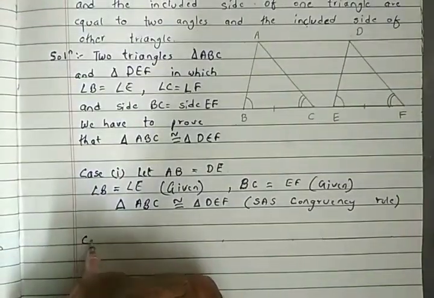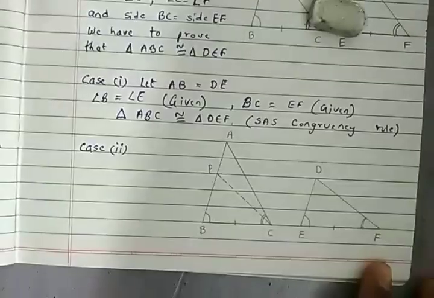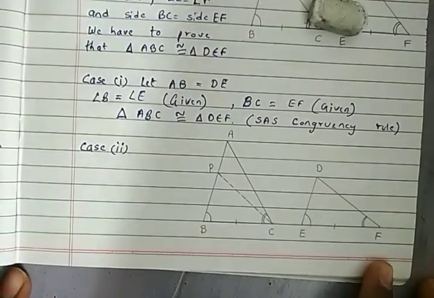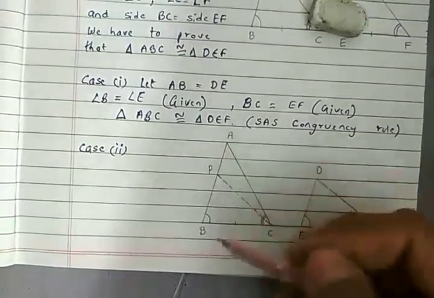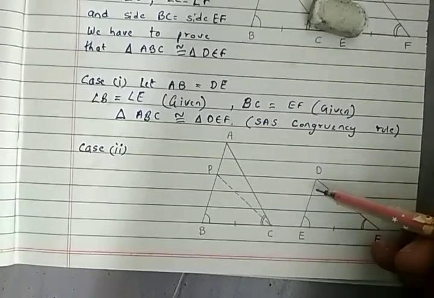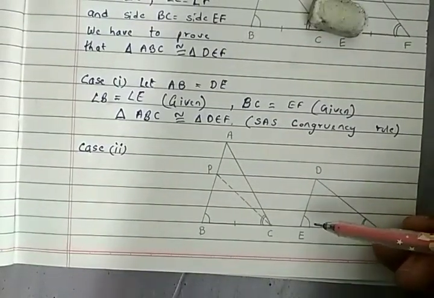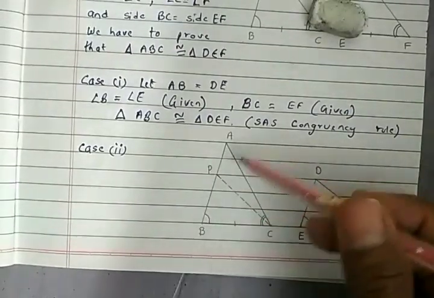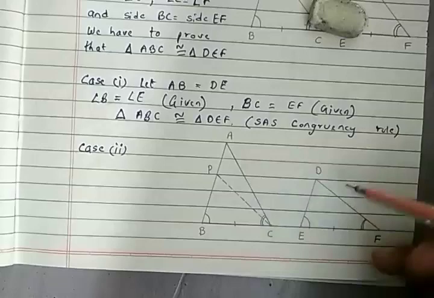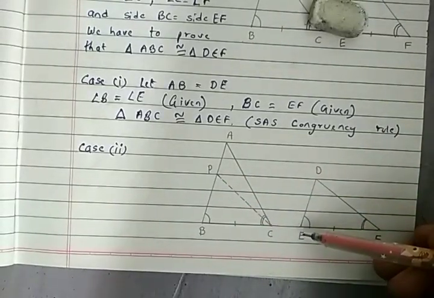Now let's see about case 2. Now let's solve this by case 2. If AB is greater than this DE side, what we'll do is take a point P on this line AB such that PB will be equal to DE, right?